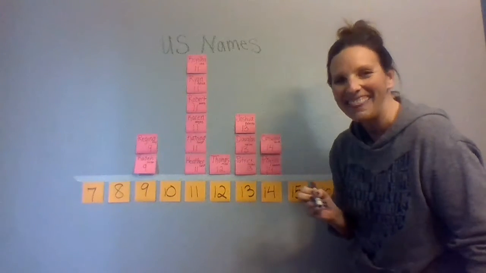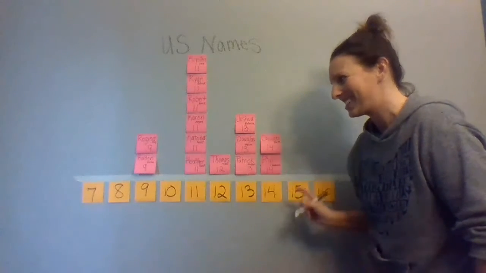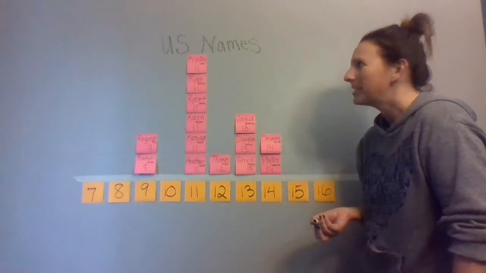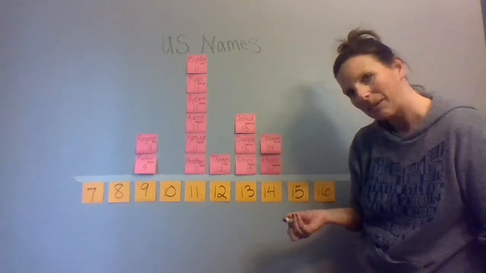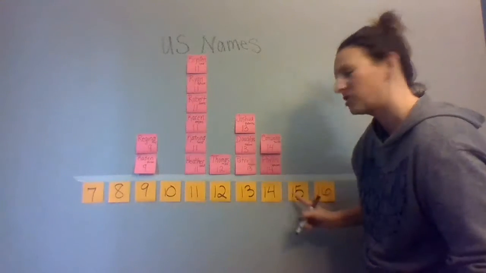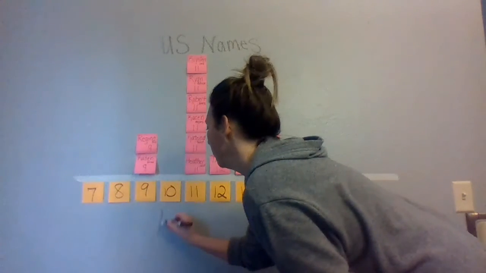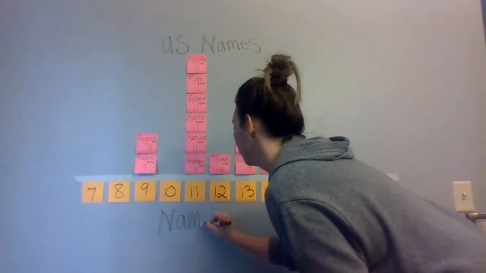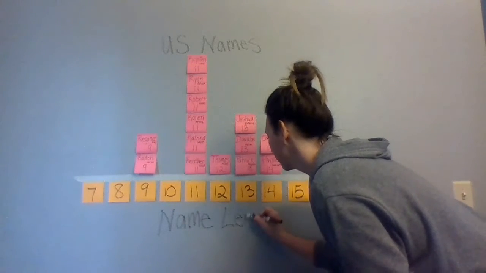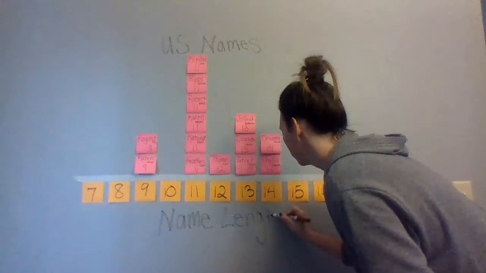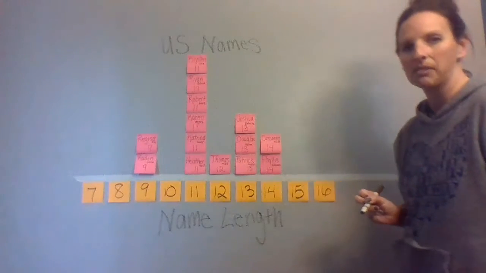Okay. And then underneath for my x-axis here, I'm going to write down name lengths, because that's what my numbers down here represent. Okay. So name lengths, or name length. Okay.